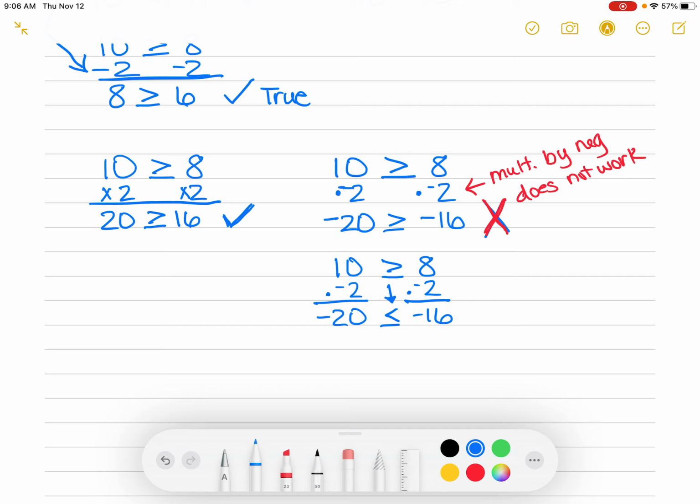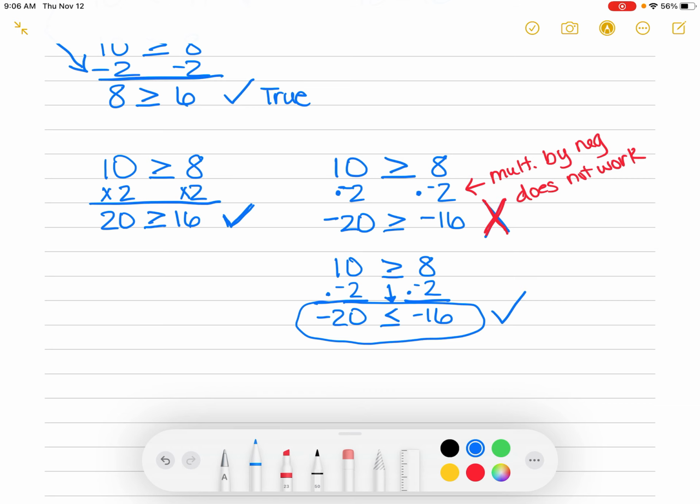Okay, and now does that make sense? Is negative 20 less than or equal to negative 16? Yes, it is. So this basic thing of trying out a few things without any X's, just trying some stuff, tells me that I'm probably going to have to flip my inequality sign every time that I multiply by a negative number.